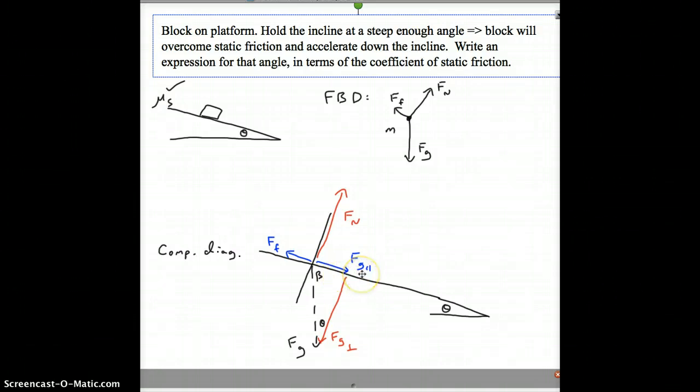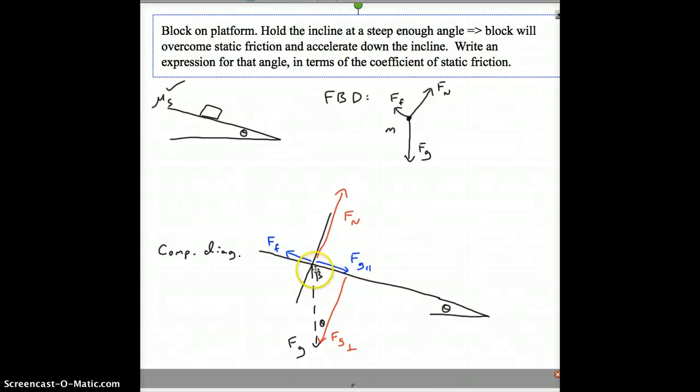I drew the normal force in red because the normal force is entirely in the perpendicular direction. I drew the friction force in blue because the friction force is entirely parallel to the incline. Now I want to chase the angle theta around this diagram a little bit. Here's theta, the angle of the incline, and because this is a right triangle, I know that the complement of theta, which I label beta, is this angle here.